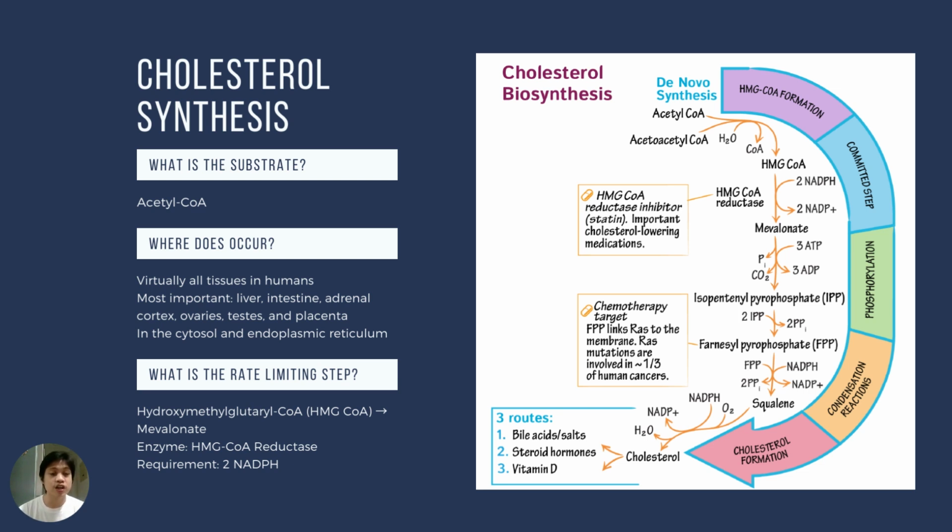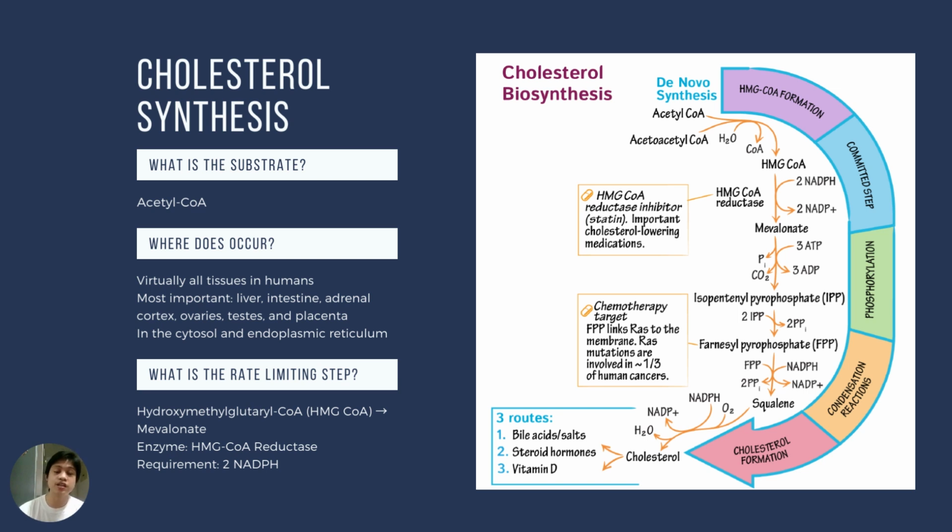In the liver, it is used to synthesize bile acids, which we need to digest fat. And in the adrenal cortex, the gonads, and the placenta, it is utilized to create steroid hormones. It is synthesized in the cytosol and endoplasmic reticulum.